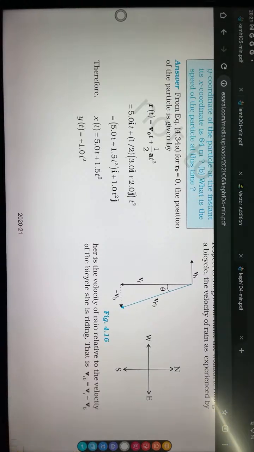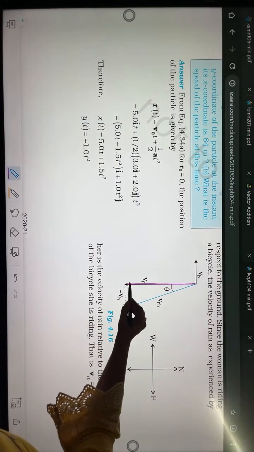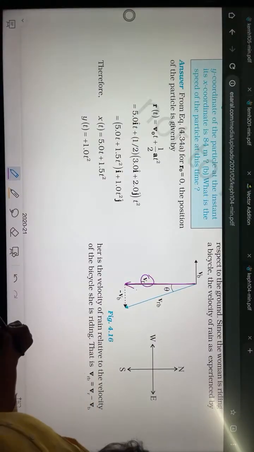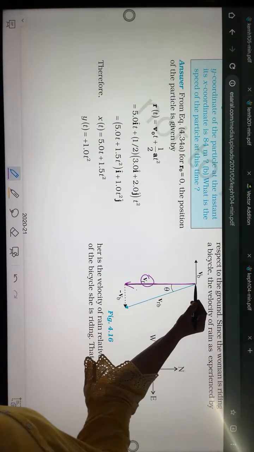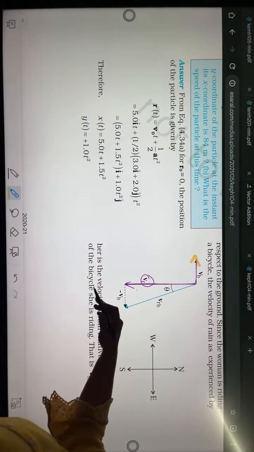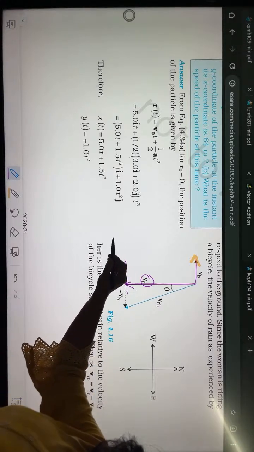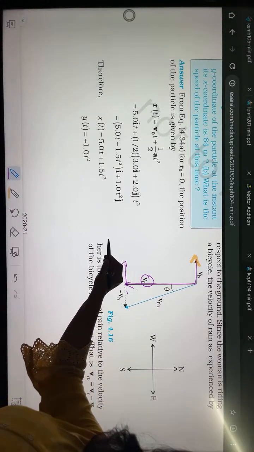Why? They said the rain is falling straight vertically with some velocity. You are riding the bicycle here, and the rain falls down where you are riding. Is it clear for you?